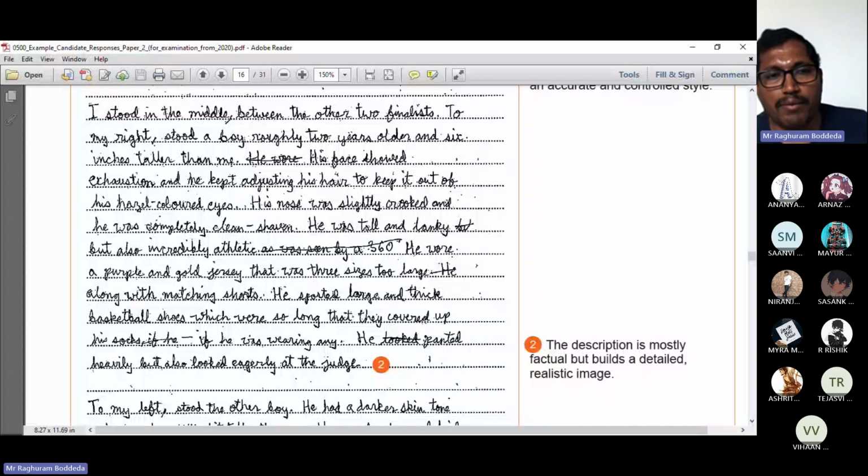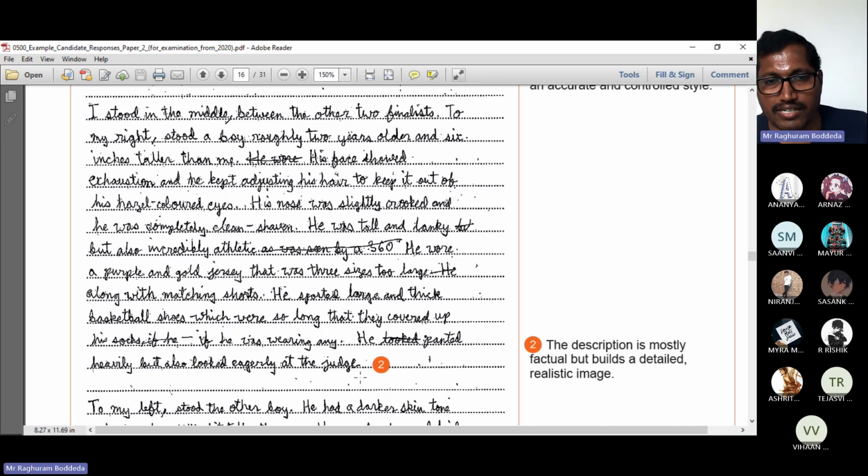Then, along with the matching shorts, he sported large thick basketball shoes, which were so long that they covered up his socks, if he was wearing any. So such a tall person, it shows the scale, how big and gigantic and how tall he is. All of it is elaborating with additional details, put on the right track by providing evidence to describe.